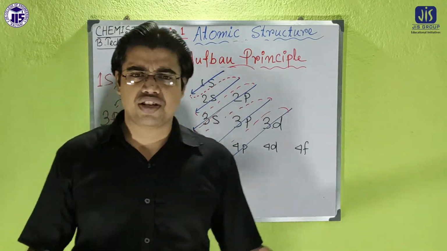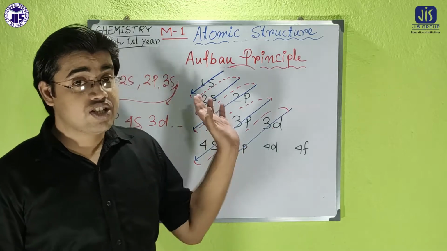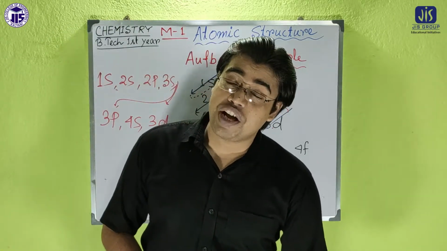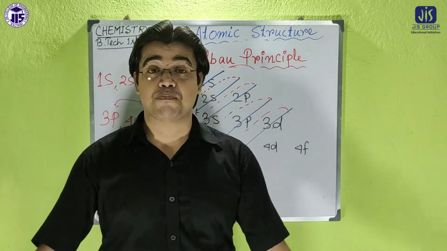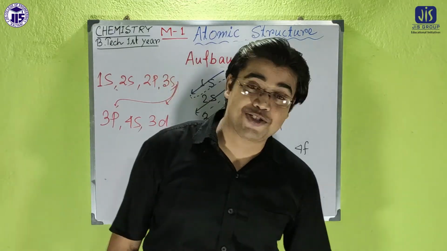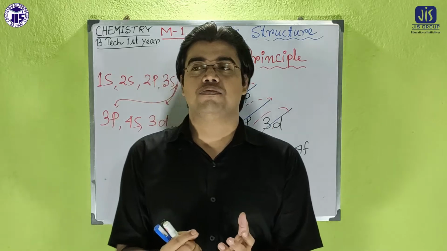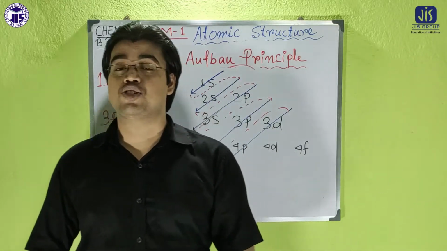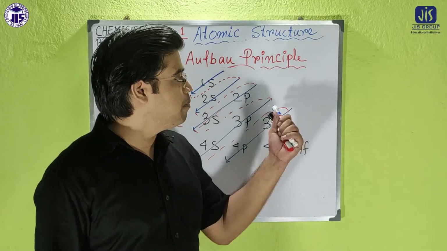So this is all about the Aufbau principle, in which you can determine how the subcells come one by one according to the energy order, and how you can put the electrons in them. So this is the complete concept of electronic configuration: the Pauli exclusion principle, Hund's rule, and the Aufbau principle.